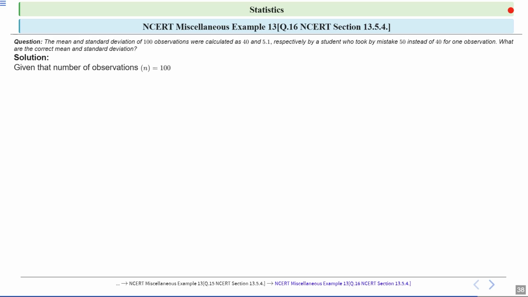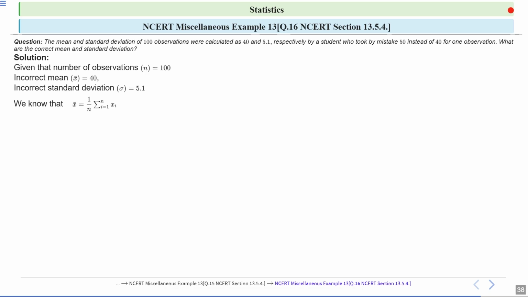So given that the number of observations n equal to 100 and incorrect mean x bar is 40 and incorrect standard deviation sigma is 5.1, and we will need to correct both the mean and standard deviation as we proceed.